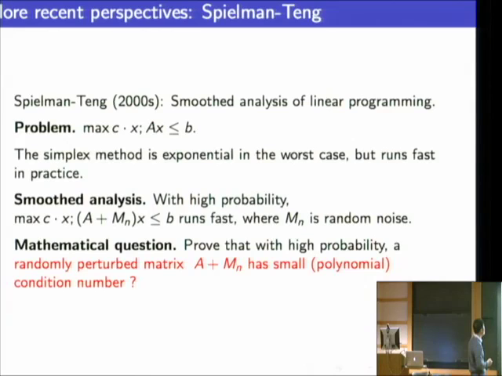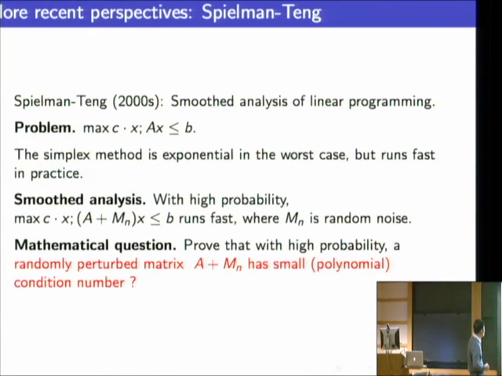Right? So basically, you have to find the highest point in a polytope, say. And the simplex method is widely used. It is proved to be exponential in the worst case, but usually it runs very fast and people still keep using it. And Spielman and Teng have a great success in explaining this phenomenon.